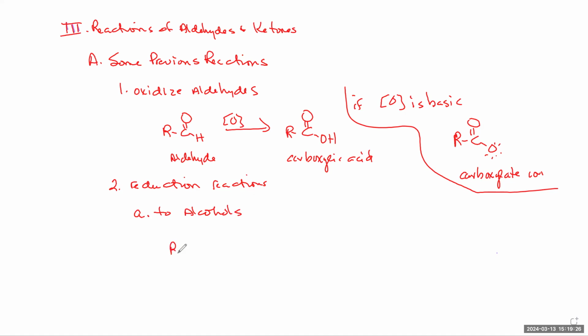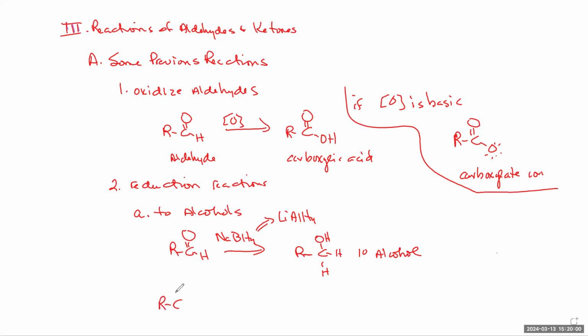So if you take an aldehyde and you reduce it, the most common reducing agent will be sodium borohydride, or you might see lithium aluminum hydride, but those are the most common ones that you'll see. What you're going to get out of that is a primary alcohol, right? It's the reverse. In the previous chapter, we took primary alcohols and oxidized them to aldehydes. Now we're taking aldehydes and reducing them to primary alcohols.